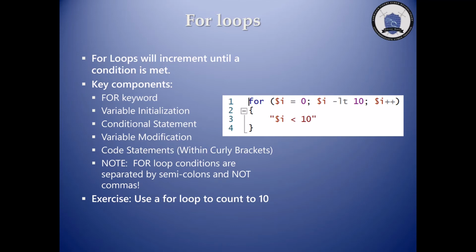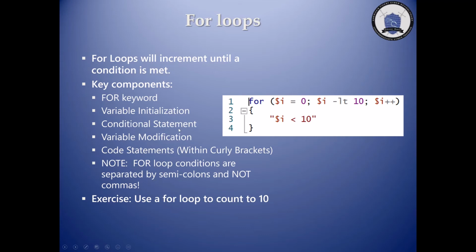All right, so a for loop is going to be similar to a while loop, but everything is kind of switched around. If you look at the key components of a for loop, first of all, you have the keyword, which is for, and then you have these 3 things inside your parentheses. You initialize your variable, you have your conditional statement next, and then you have your variable modification.